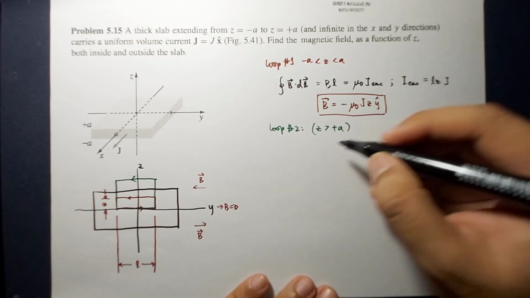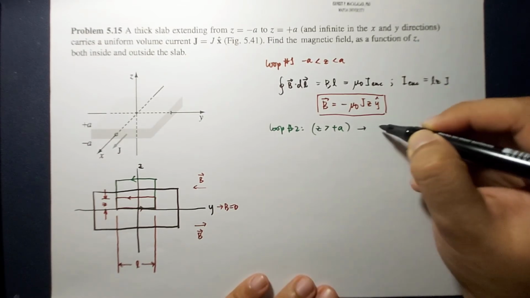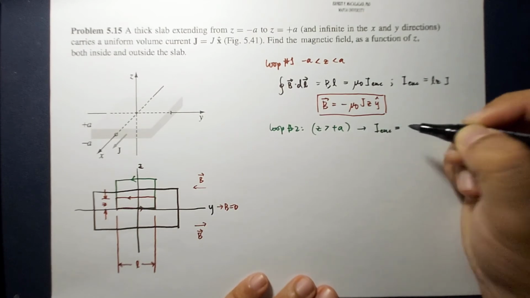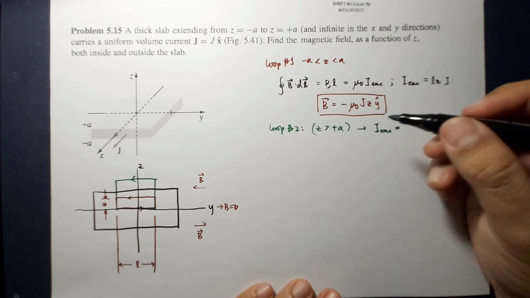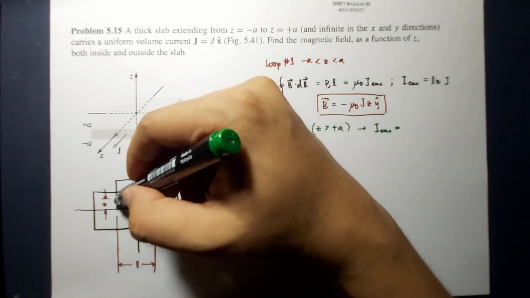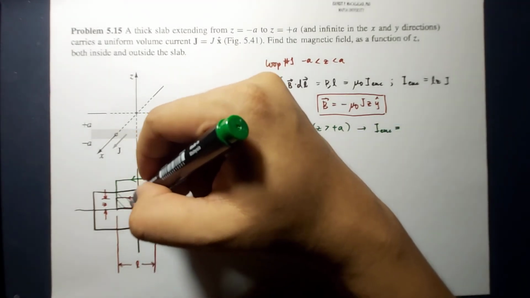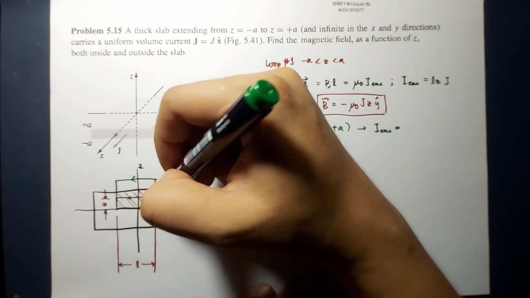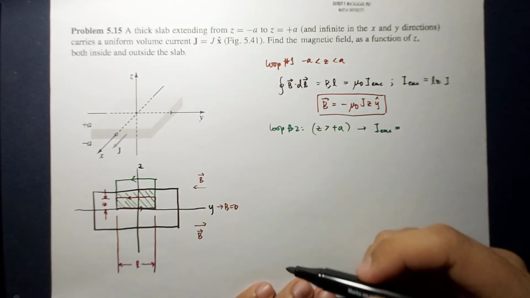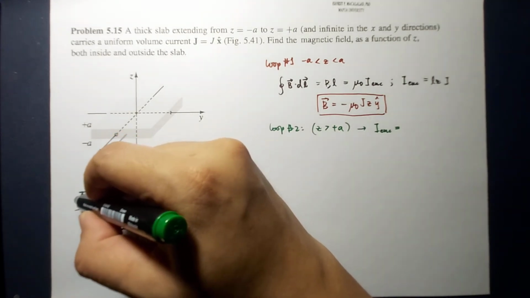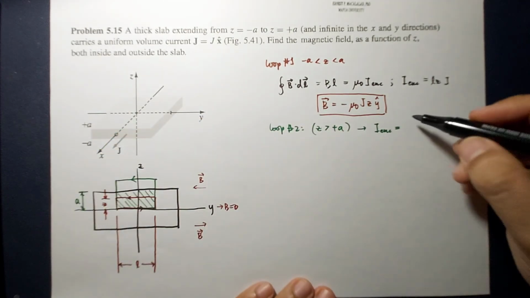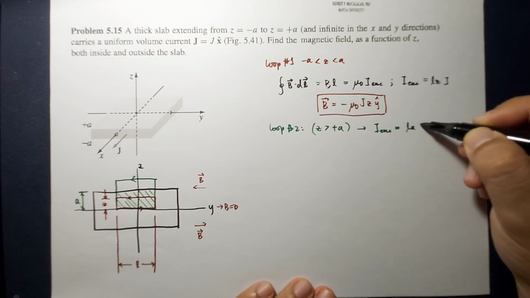In this case, I enclosed would be equal to this area only. So this is L times A. Remember, this is A. So this is LA times J.